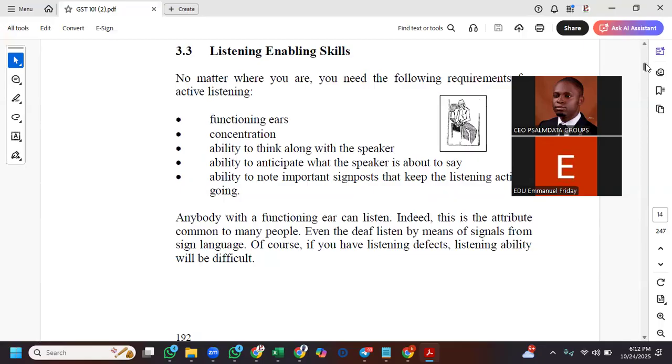What I want us to talk about today is how to recognize what kind of essay this is. For instance, you are given an essay, which is a common thing in the GST101 exam. They will write an essay there. They will not ask you what type of essay it is. Is it a descriptive essay? Is it a narrative essay?